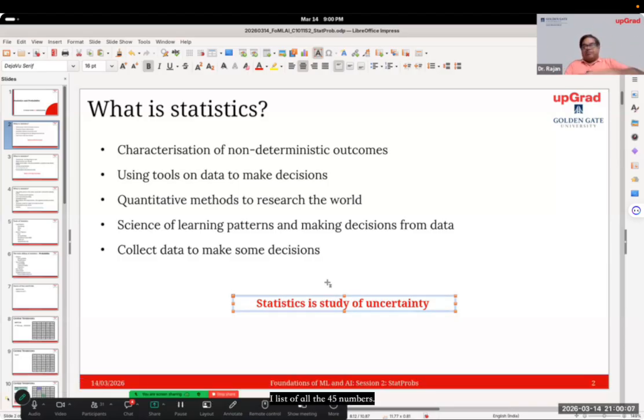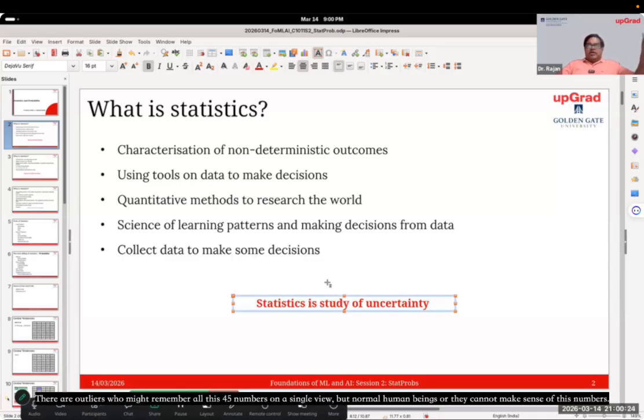I list out all the 45 numbers. How much sense can you make out of those numbers? Human cognitive ability is uniform. There are outliers who might remember all these 45 numbers in a single view, but normal human beings cannot make sense of these numbers.